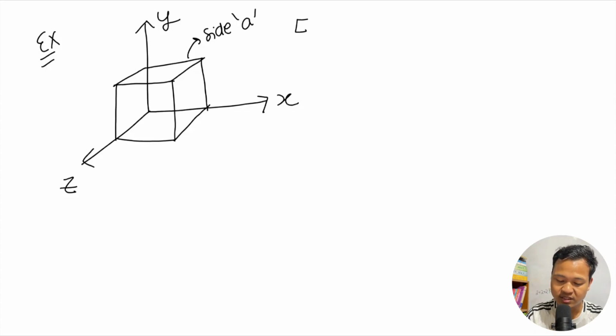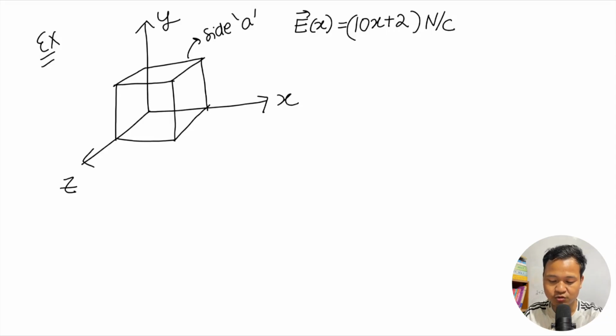What happens is there is an electric field going through this. E is a function of x, given as, let's say, 10x plus 2 newton per coulomb. The electric field value is not constant, it changes with x. So here x value can be anything, and as you go along the x axis, x changes, so the electric field will change.